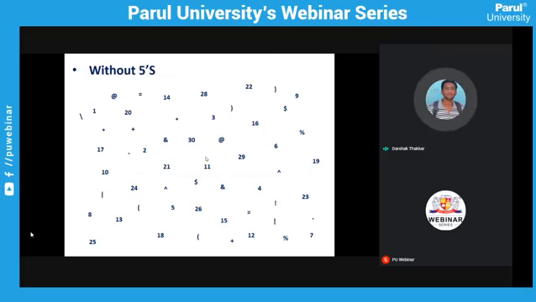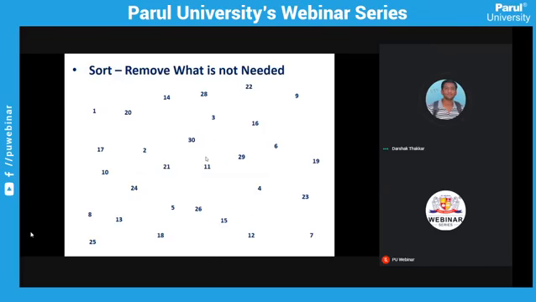So our first S is like that. We have to remove the not needed items, right? Here all the symbols are not necessary because we are looking for the numbers only. So in 1S we have removed some unnecessary items from our work area.